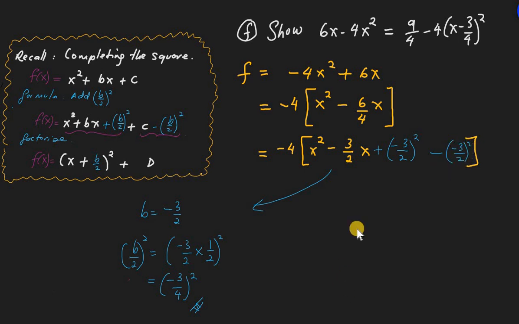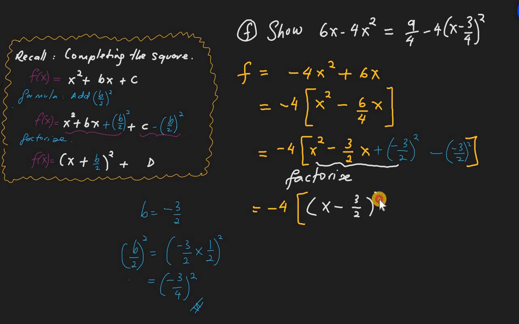After you have got that, we need to factorize these 3 terms. Let's write it back. As we factorize these 3 terms, you will get a nice complete square, which is x minus 3 on 4 square.